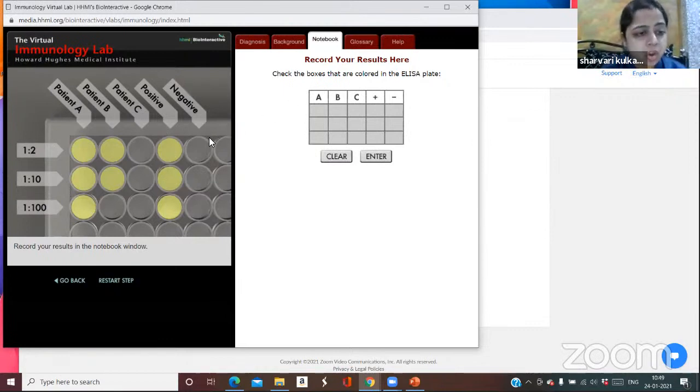Now we have to record our results in these check boxes. So you can see here A 1, 2, click because it is colored. Second, third, B first and second, C nothing, and this is the positive control. Right? Then enter.